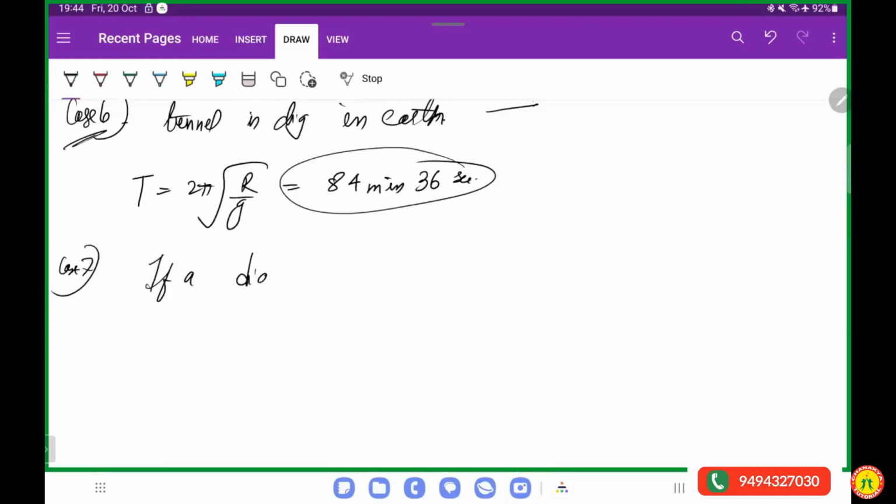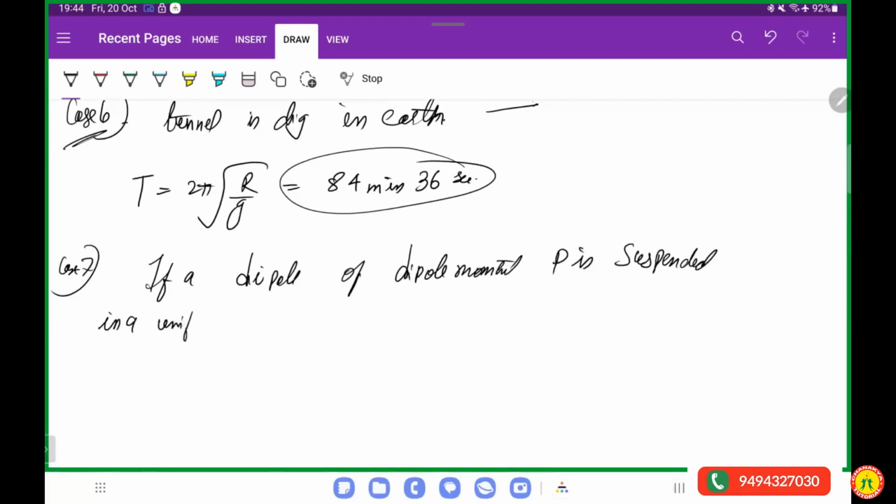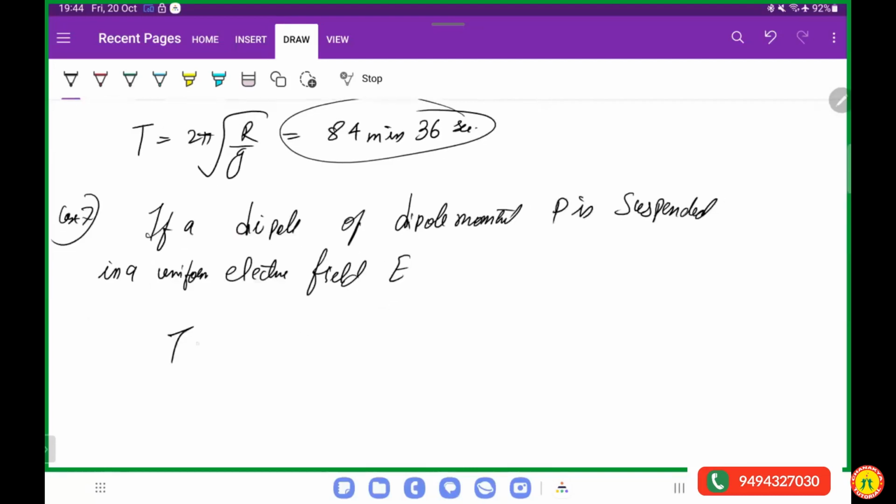If a dipole of moment P is suspended in a uniform electric field E, then T equals 2 pi root of I by PE.